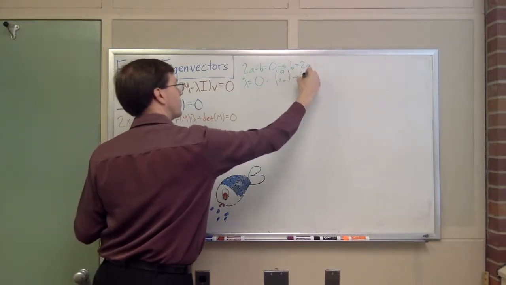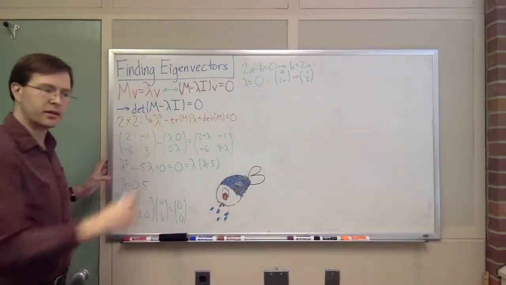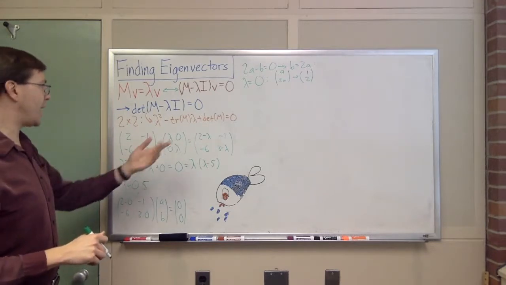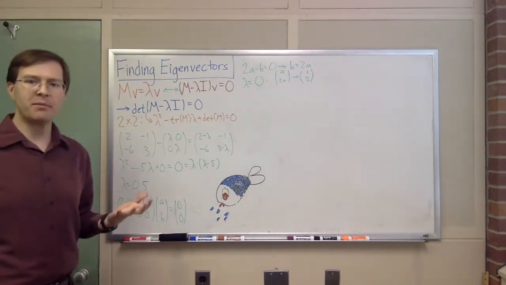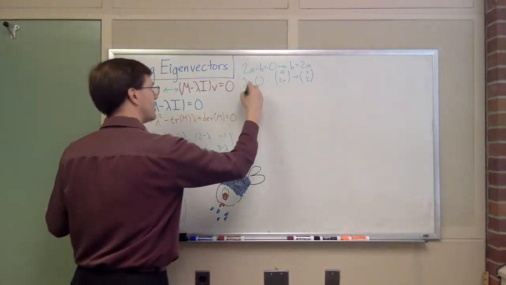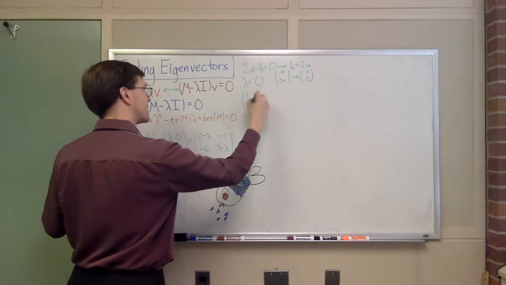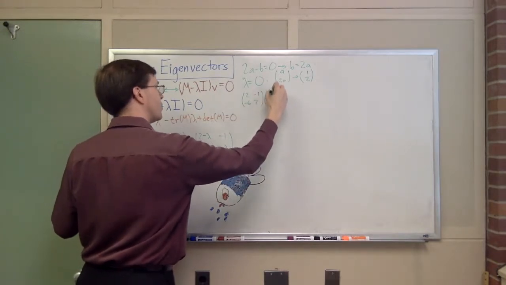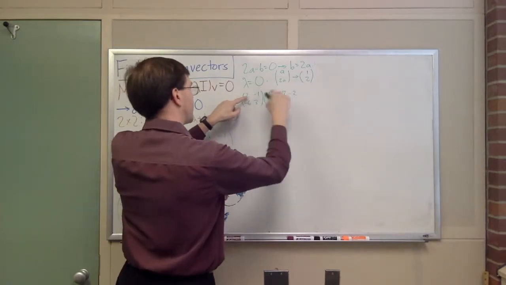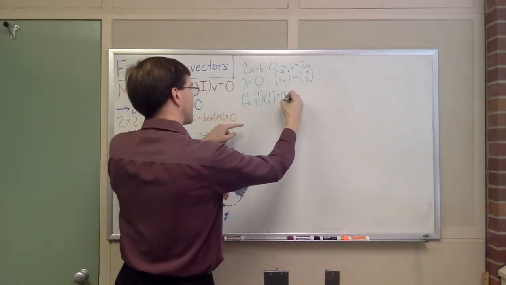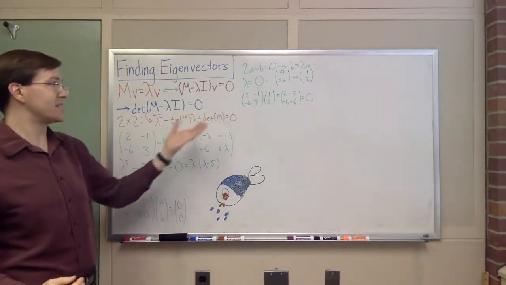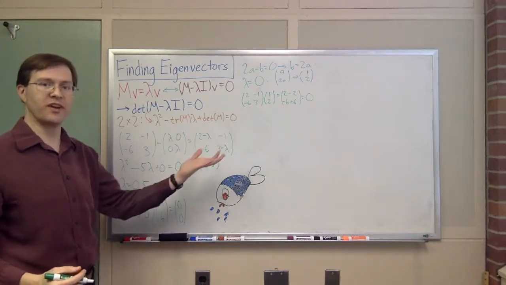Or I'm going to write it as (1, 2) to pick a simple looking example. So the vector (1, 2) is an eigenvector with eigenvalue 0. Let's check it. 2 minus 1 minus 6, 3 times (1, 2) gives me 2 minus 2 for the top component, and minus 6 plus 6 for the bottom component, which is 0. That verifies that it gives me eigenvalue 0. It's 0 times the original vector.